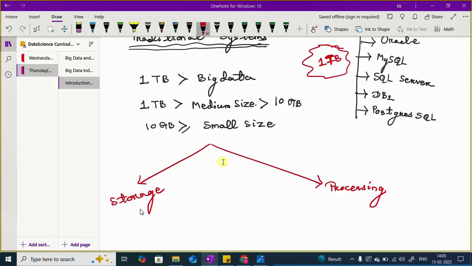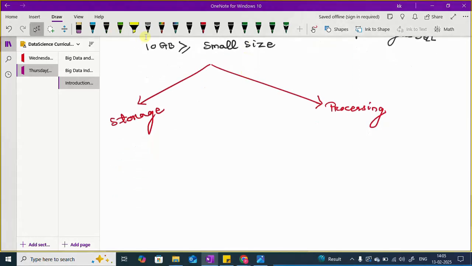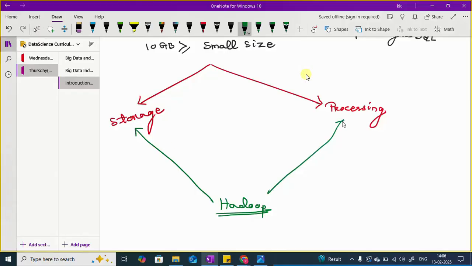This is the problem we are getting in the traditional system, and how it is overcome with Hadoop, I'm going to explain here. So, Hadoop, solution, and problems.